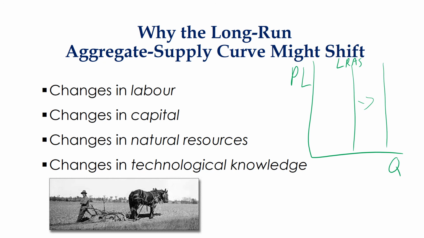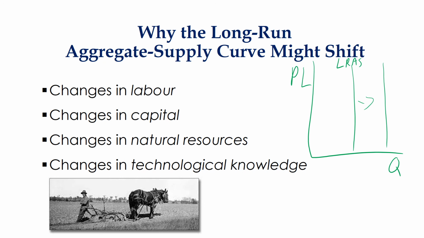Anyway, why might the long run aggregate supply curve shift? Because of changes in labor, perhaps immigration, people getting educated. Changes in capital, increased human capital. We found new mineral deposits, for example.